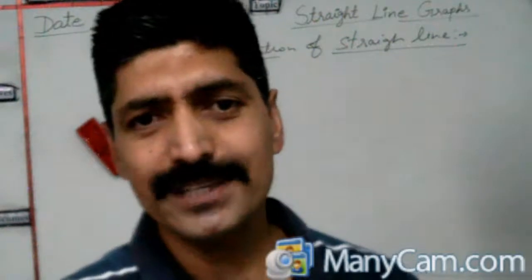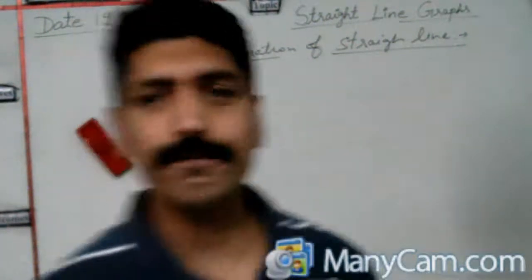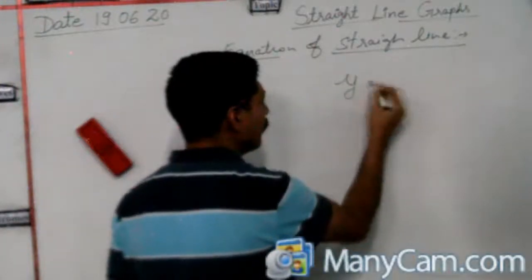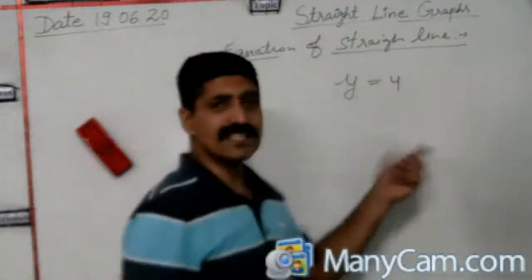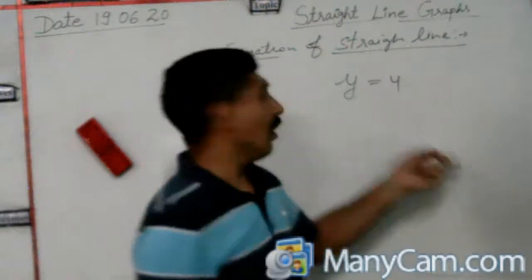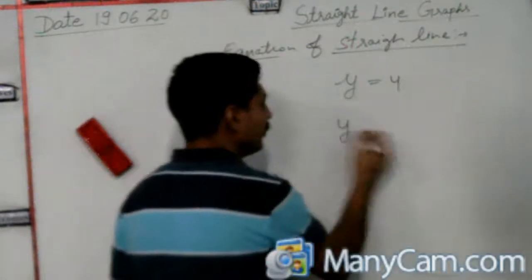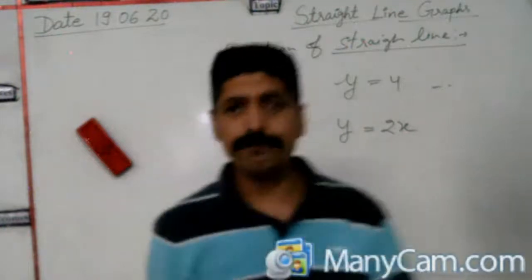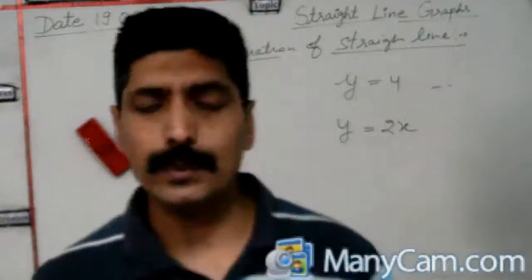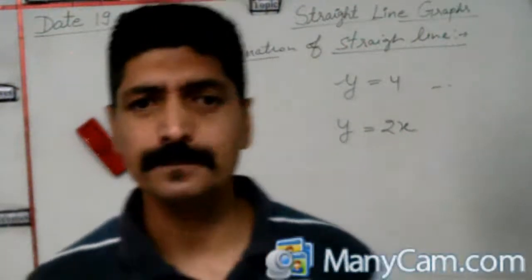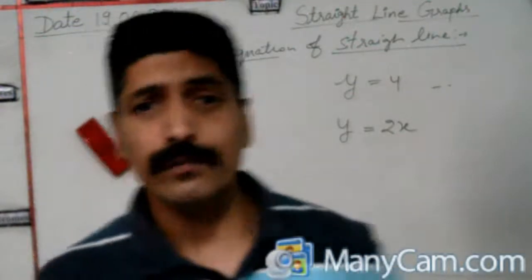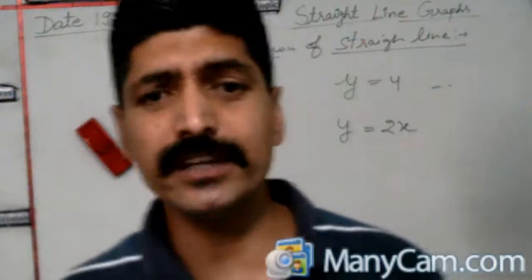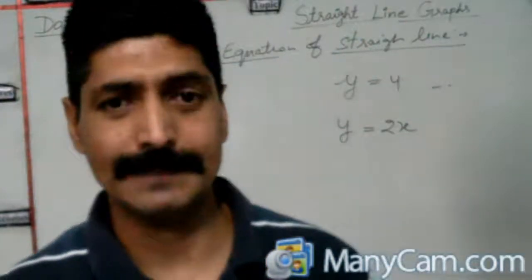That relation is in terms of x and y, like y is equal to 4, x is equal to 3, or y is equal to twice of x. These are the kind of examples we have in the book also. So we will now shift to the general equation of line.